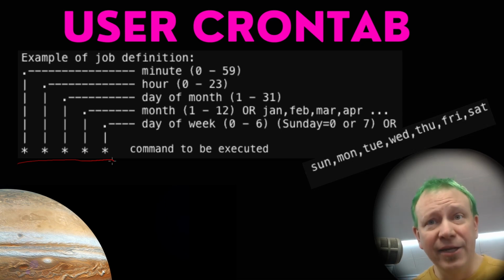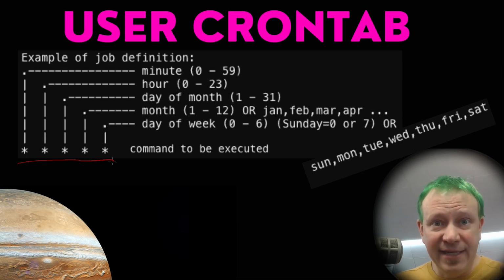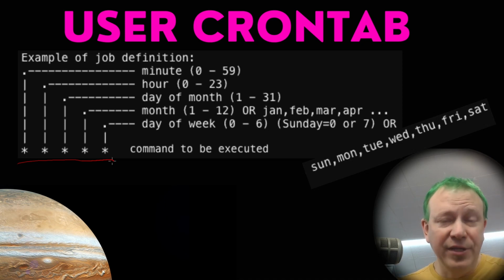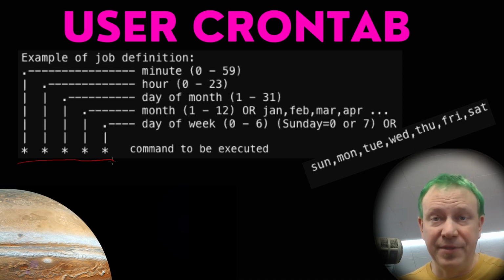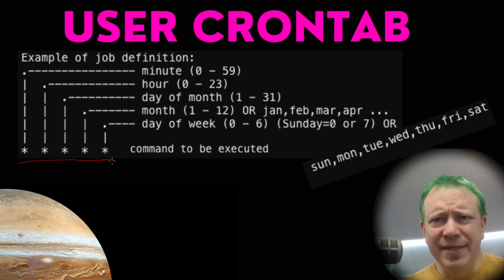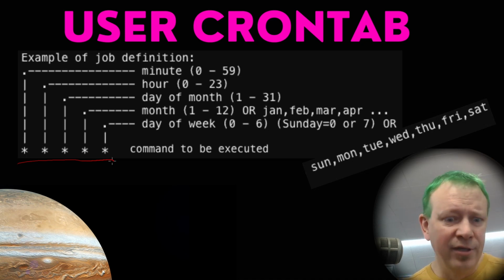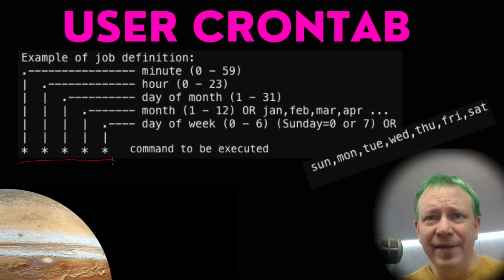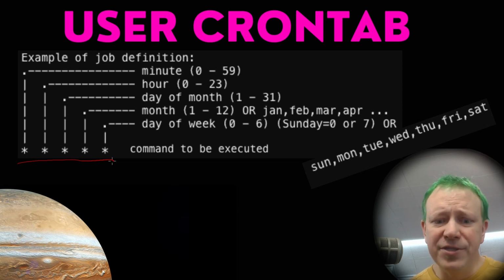And the difference between at and cron is that cron is designed to run something over and over at a specific interval. So if you have something that you need to do often, like run a backup script or something like that, cron is generally how you would do that. There are other ways, but cron is pretty much the de facto standard way of timing events at a regular occurrence.